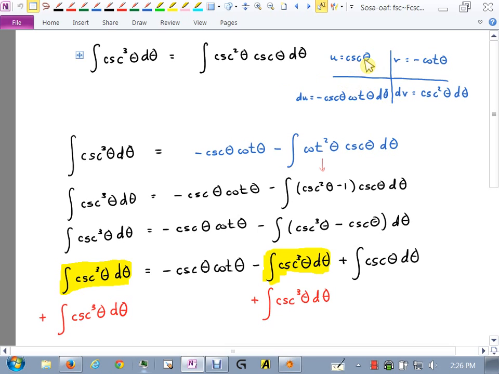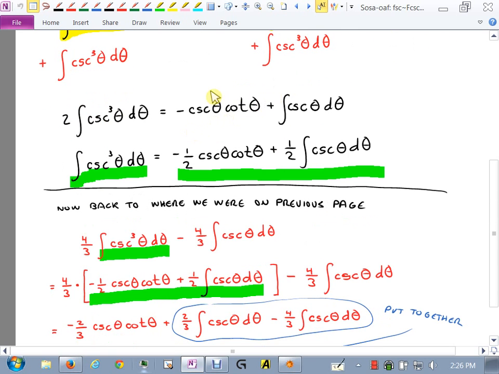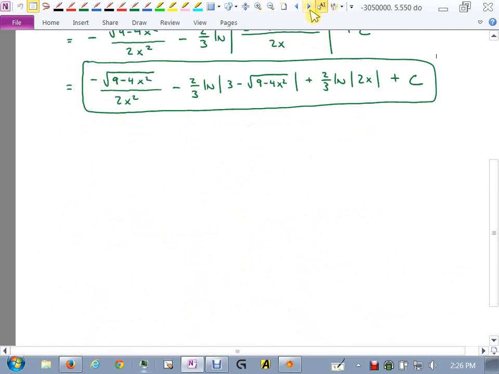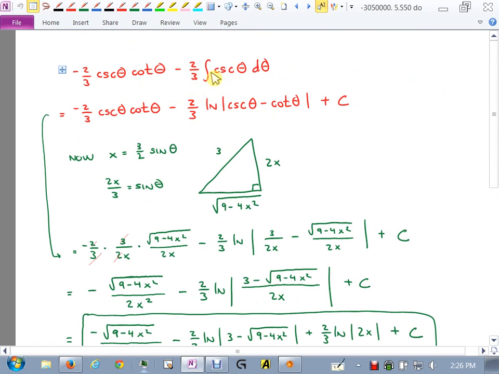But look at over here. What's the derivative of cosecant theta? Oh, negative cosecant theta cotangent theta, right? That's just one little piece of a bigger problem. Then you work through all this stuff, more trig identity stuff. Put it together. Now, come in here. Oh, reference triangle, right? You need a reference triangle to put all this back together.